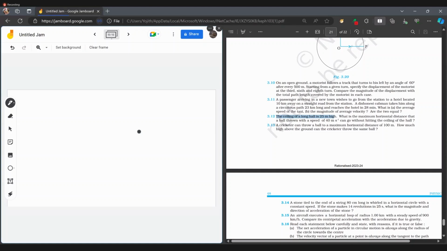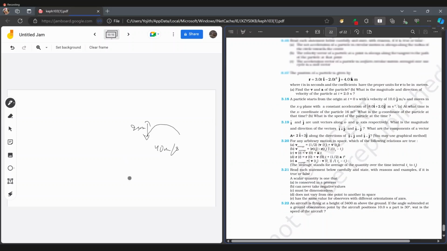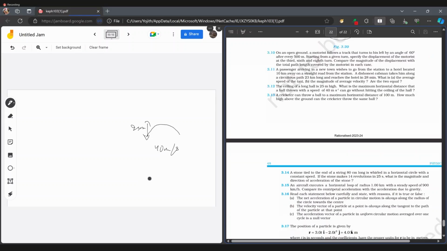ఒక సెకండ్ అండి, చిన్న ప్రాబ్లం ఉంది ఇక్కడ. ఓకే, సో సీలింగ్ ఏమో 25 meters కదా. సో వాట్ వీ హ్యావ్ టు డూ, మనకి ఫార్ములాస్ ఉన్నాయి కదా, విల్ యూస్ దోస్ ఫార్ములాస్. Maximum height the ball can reach is 25 meters.